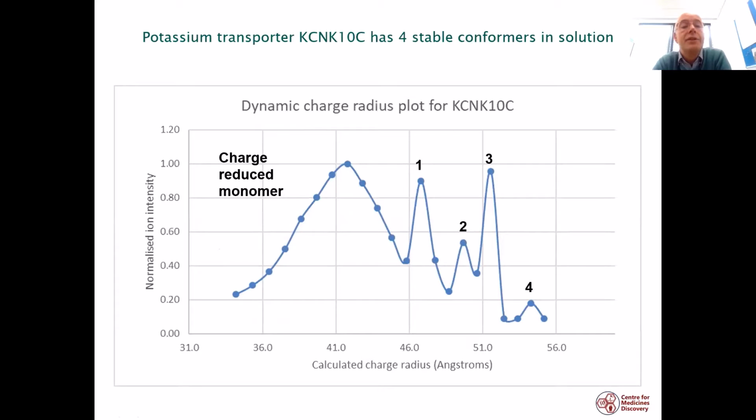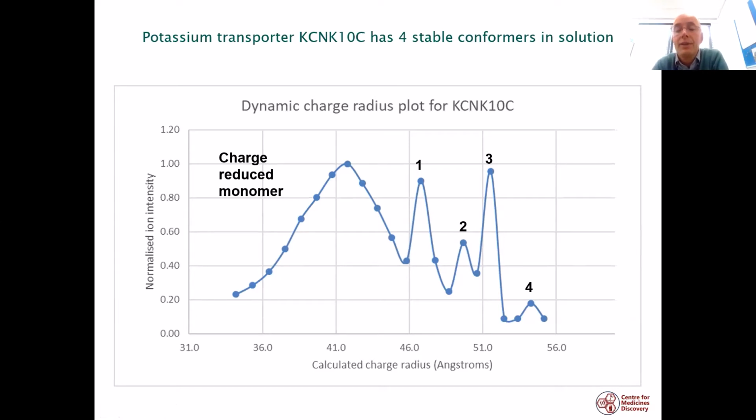Finally, I want to show you this data from KCNK10. I described a couple of weeks ago how we do this. So this is a dynamic charge radius plot. So we are taking the charge state, we are calculating the charge radius, and then plotting that with normalized intensity. And what we have is, remember, this is produced by collisional activation, so we have this charge reduced monomer from the dimer, but we also have 1, 2, 3, 4 peaks in this charge radius plot.